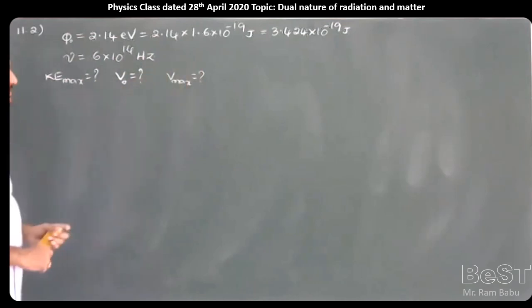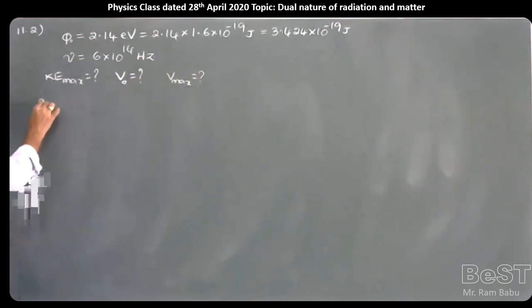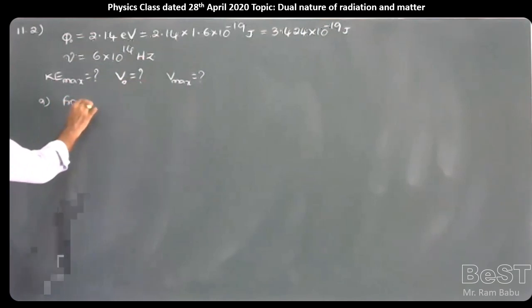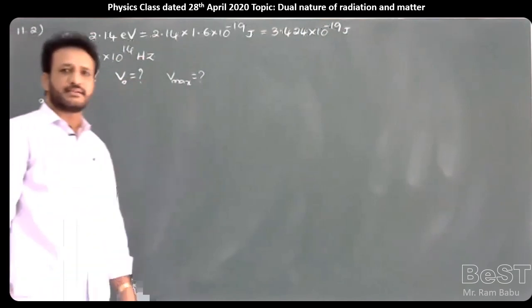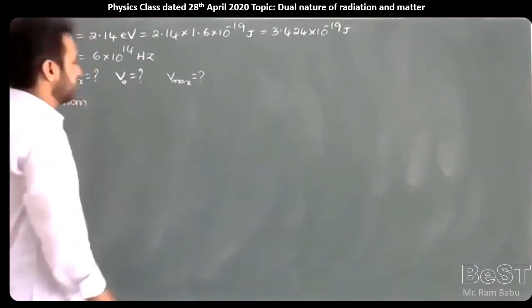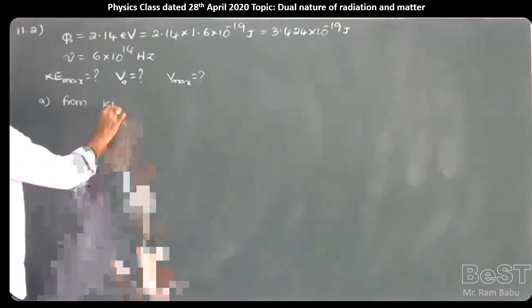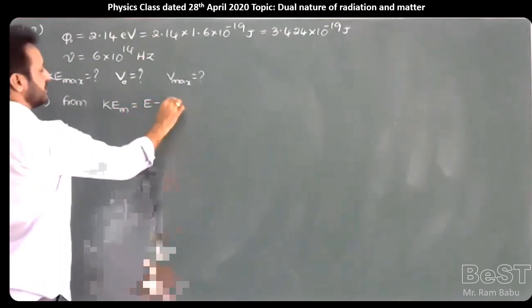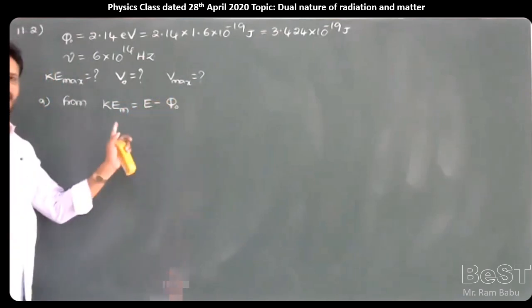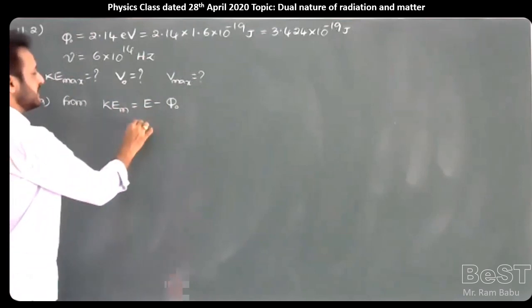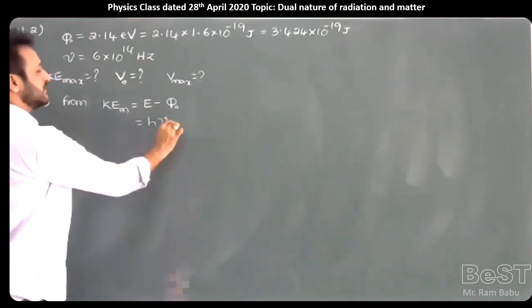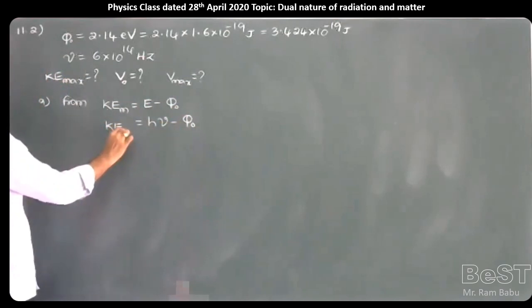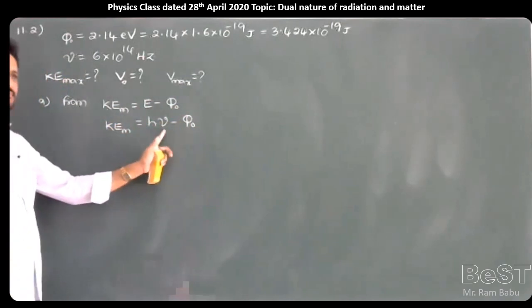So first I'll take A. From Einstein's photoelectric equation, we know E is equal to phi naught plus KE maximum, or KE maximum is equal to E minus phi naught. But E is equal to h nu, so KE maximum is equal to h nu minus phi naught.